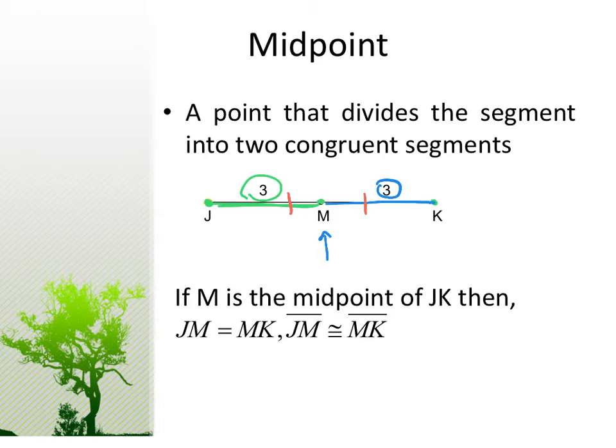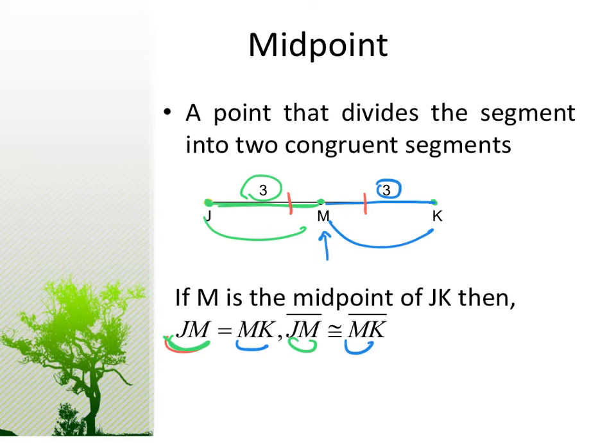If M is the midpoint of JK, then that would tell me that JM, which I did in green here, is equal to the MK segment. Now, you could also say that segment JM is congruent to MK.